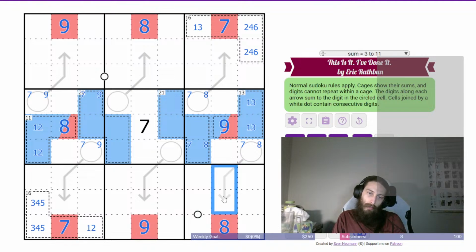This would be 1 or 3. Well, this would have to be, well, it can't be 1 and 7. It could be 3 and 5. It could be 1 and 6, but it couldn't be 3 and 4.